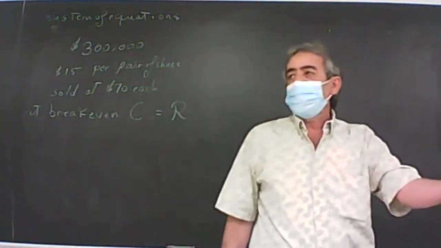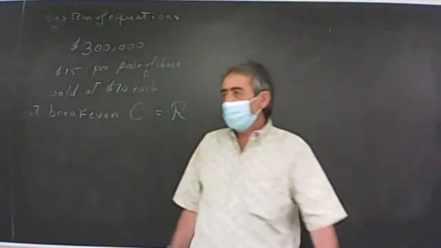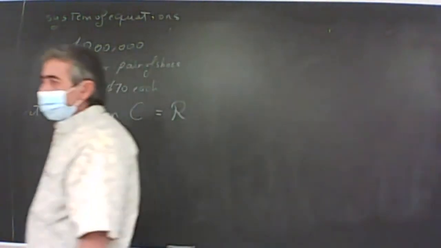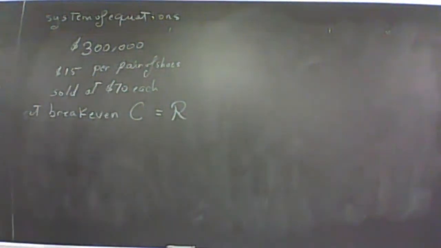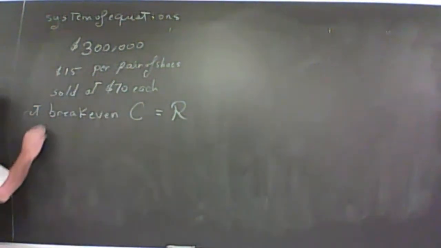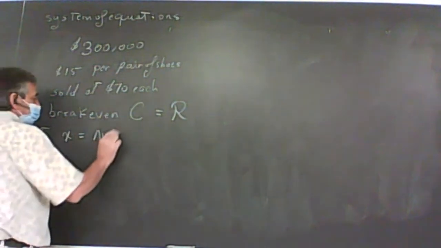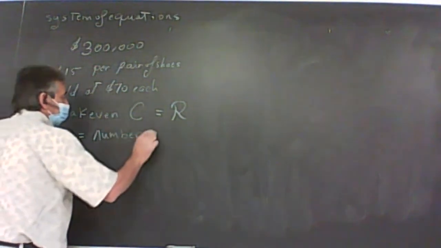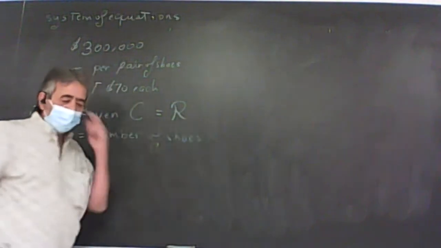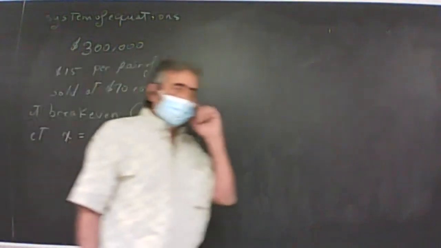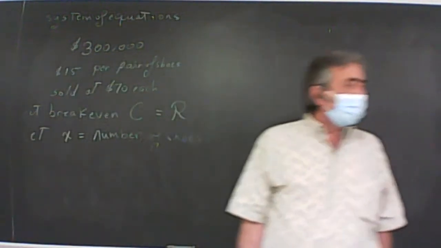We need to create a function for the revenue. Yes? And then put them equal to each other and see if we can solve that. So let x equal the number of shoes. So we need to create a variable to represent the number of shoes that we have.